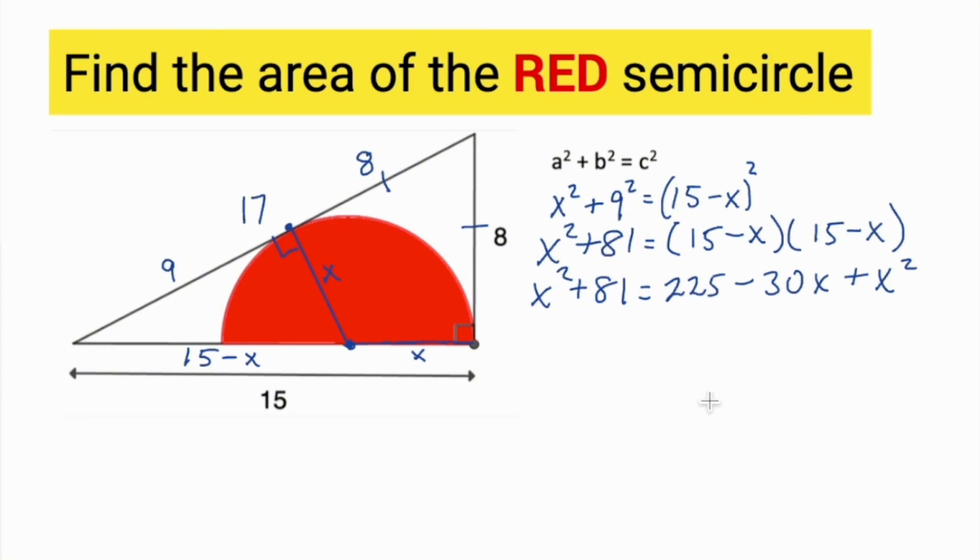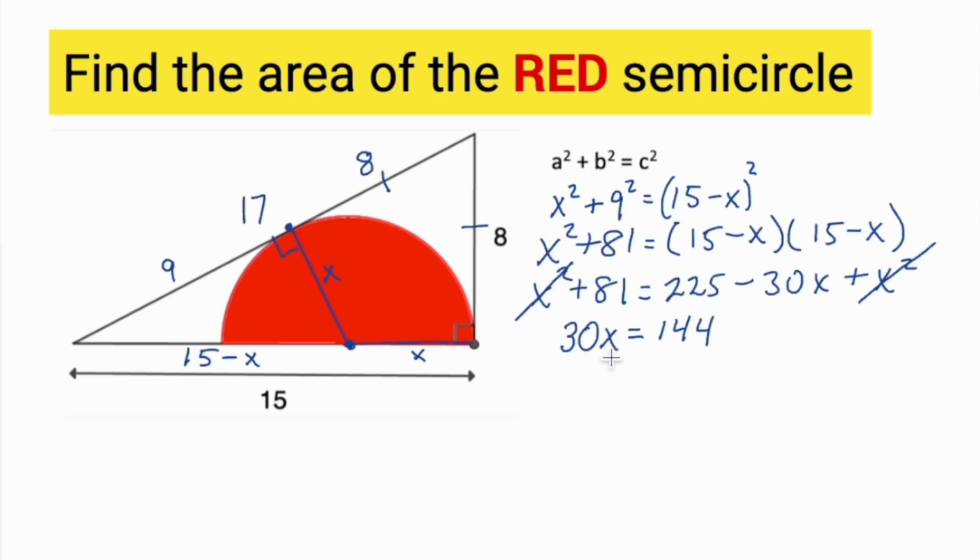Okay, now that we have that, we're going to solve this equation. Each side has x squared, so we're going to subtract away x squared from both sides. I'm going to move the 30x over to the left-hand side by adding 30x to both sides, and at the same time I'm going to subtract 81 from both sides. If I subtract 81 from both sides, it's going to be 144.